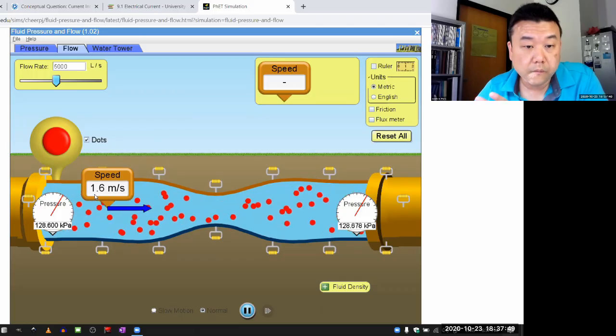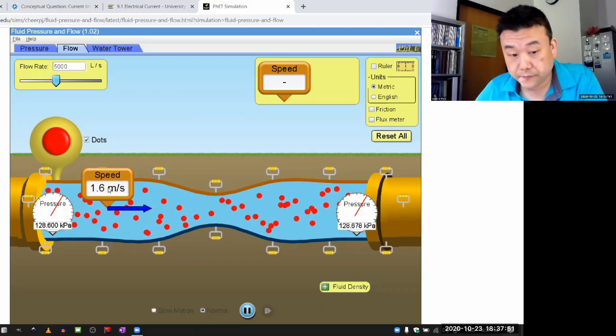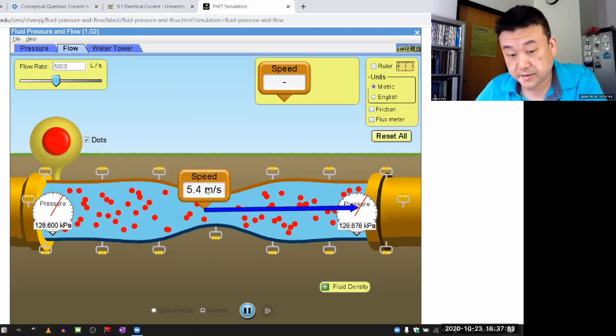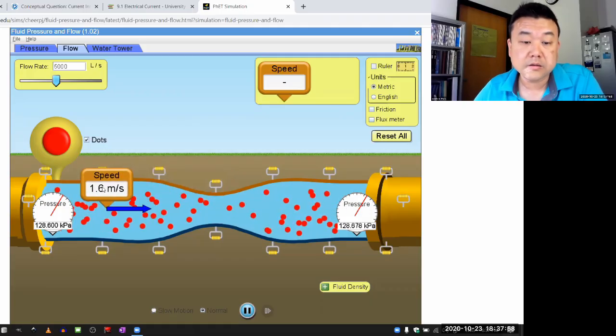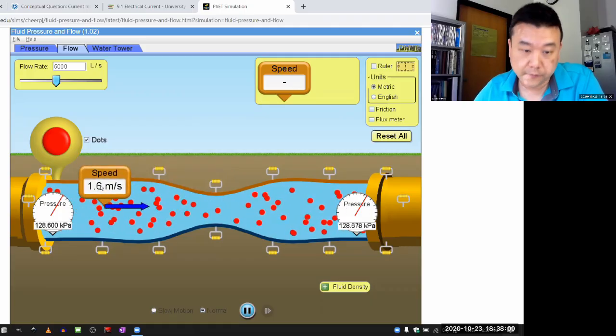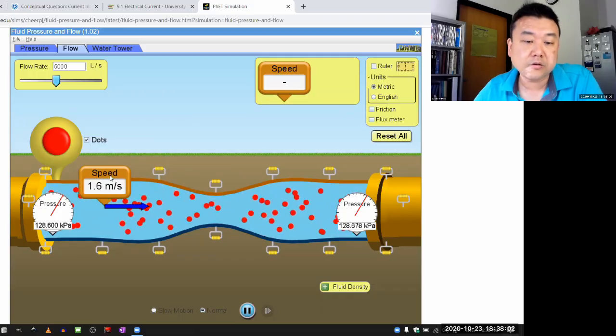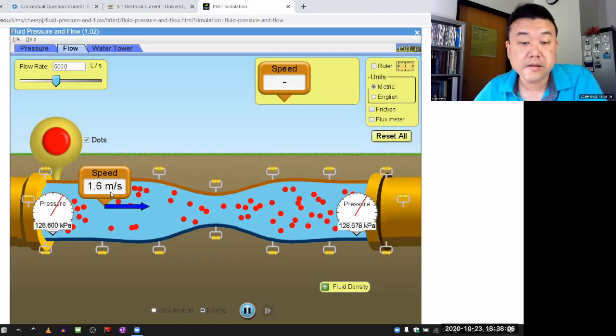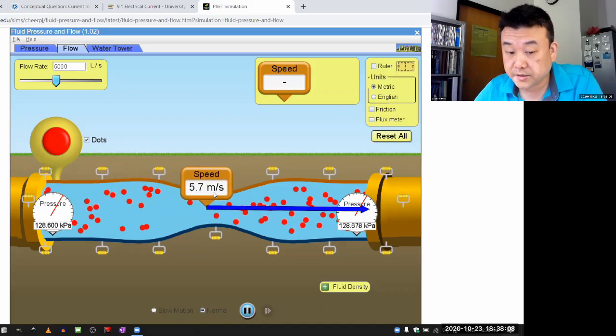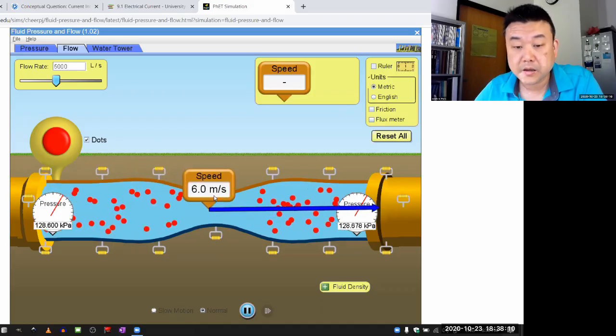So in order to have the same flow rate here as here, particles simply have to move faster. The drift speed, the velocity v times the cross-sectional area, has to be constant. So as the cross-sectional area decreases, speed has to increase.